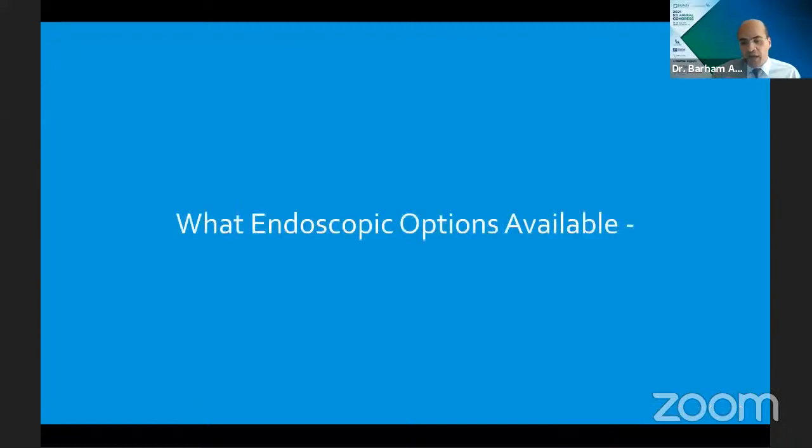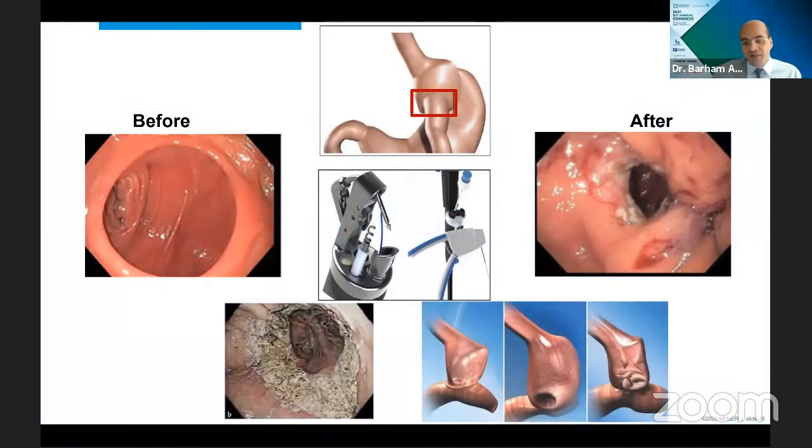So what endoscopic options do we have? We have multiple tools that we could use to revise this anastomosis and decrease the gastric pouch. The most commonly used is the OverStitch endoscopic suturing device, which performs the procedure through a peroral approach. There are other options, including argon plasma coagulation, through a series of multiple applications over 2 to 3 procedures in order to induce scarring and reduce the size of the anastomosis.